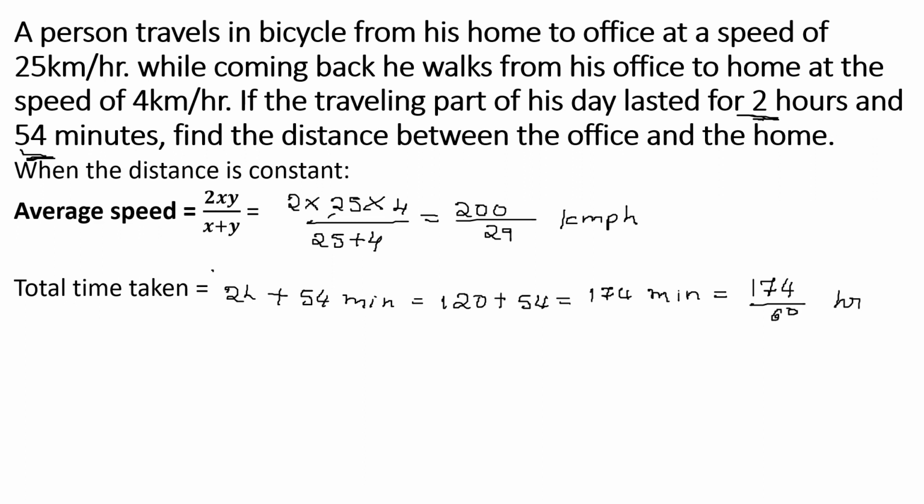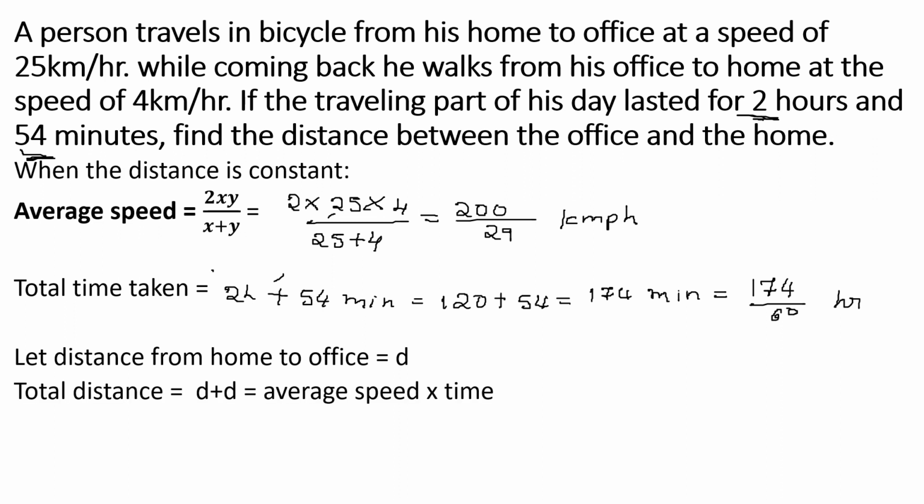Now if the distance from home to office is d, since he goes from home to office and again office to home, total distance traveled will be d plus d. Total distance is equal to average speed into time, because average speed is equal to total distance divided by time taken.